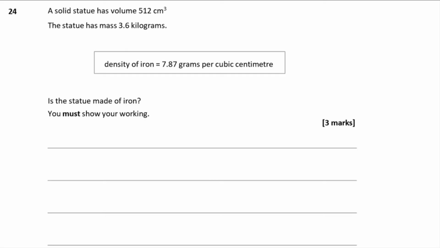Okay, so we've been given the volume and the mass of this statue, and we know the density of iron. So if we can work out the density of the statue and compare it to the density of iron, if they're the same amount, then it must be made of iron, mustn't it? Okay, so it's a good indication that it's made of iron.